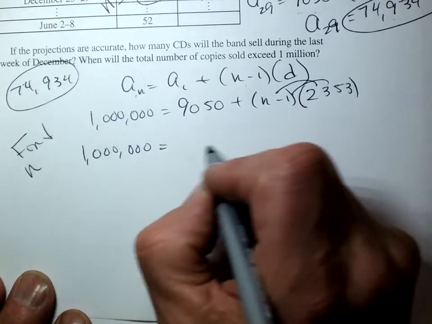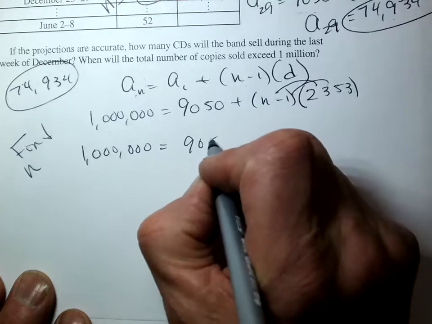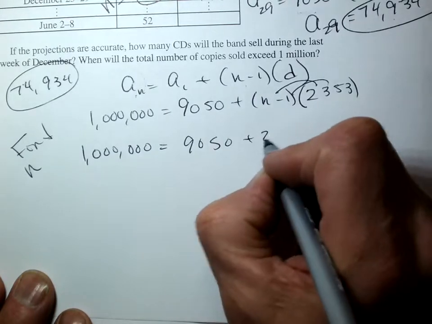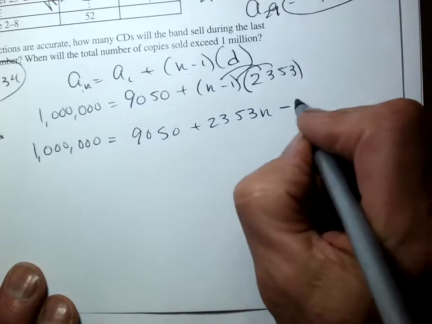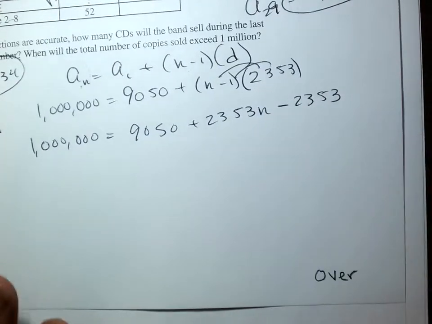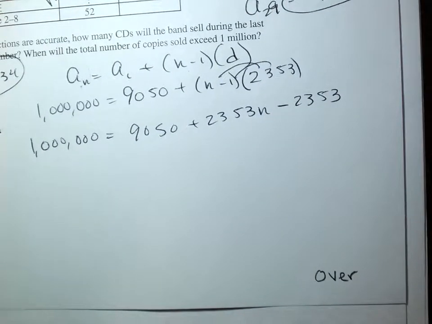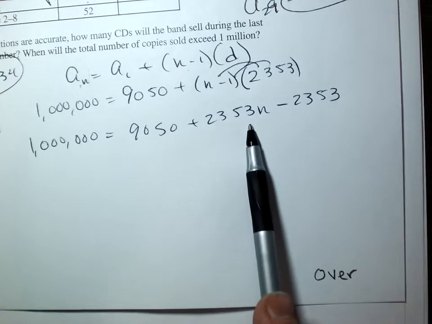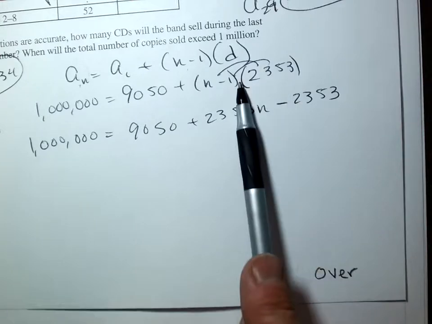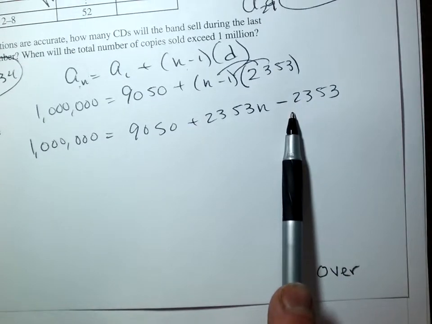So 1 million equals 9,050 plus 2353n minus 2353. Okay, distributed. You guys see that? 2353 times n is 2353n, and 2353 times a negative 1 is minus 2353.